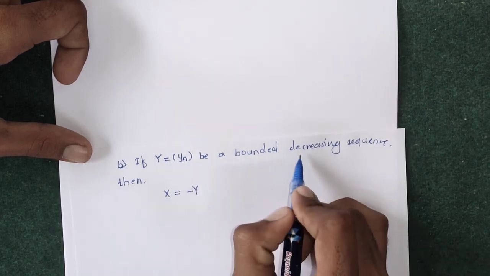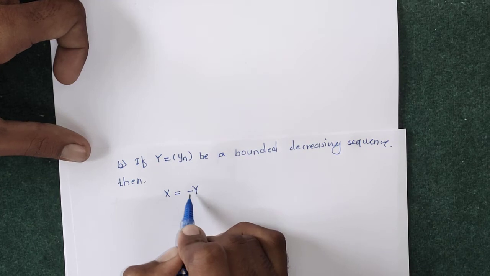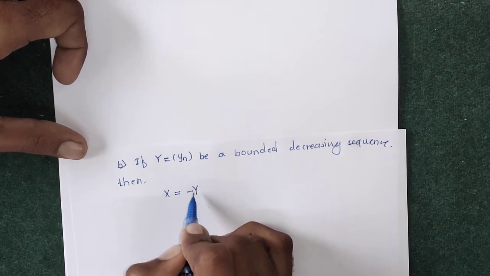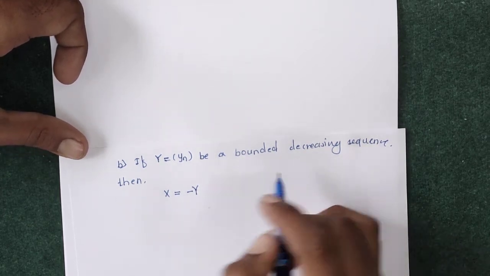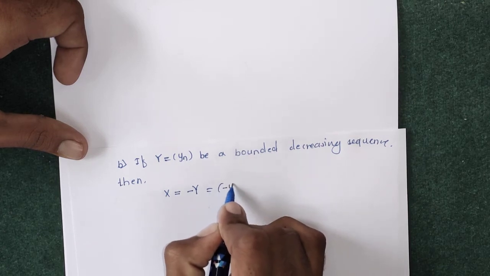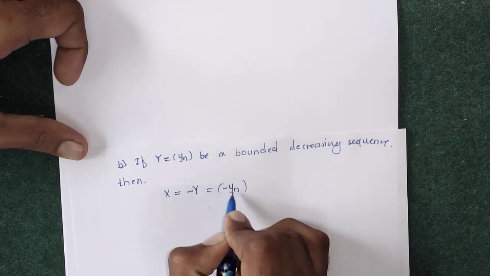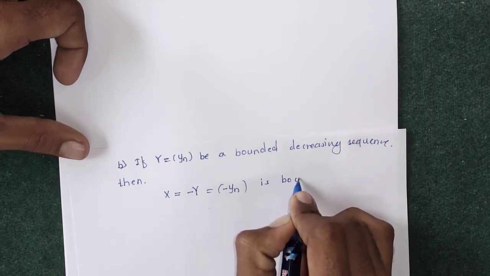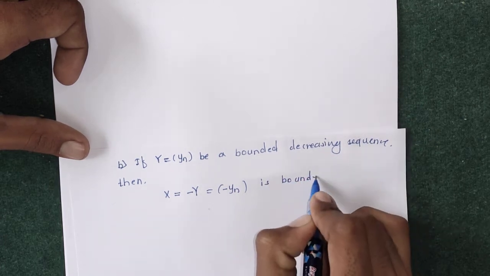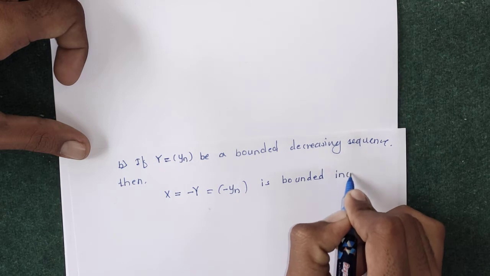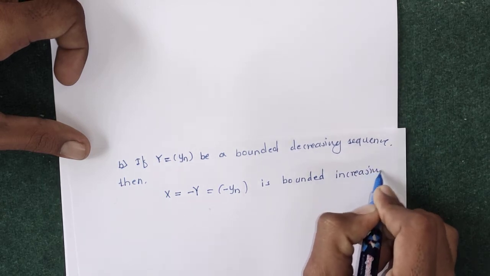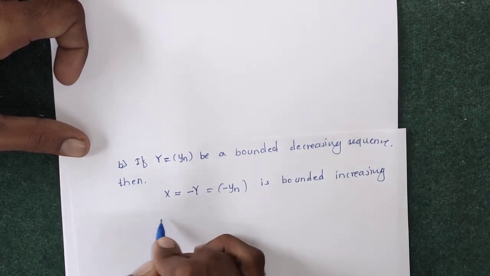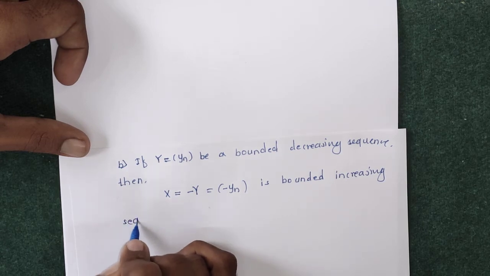This sequence is bounded decreasing, and if you multiply each and every term of that sequence by -1, then we get an increasing sequence, that is, minus of yn for each n, minus of every element of this sequence, and this sequence is again a bounded increasing sequence.